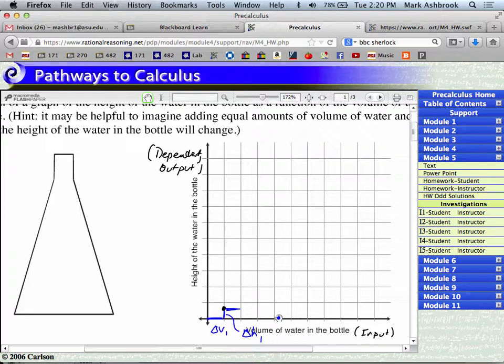So now our delta H2 is going to be a little bit more than delta H1. I'm trying to show that it's just a little bit greater than this one. This is our delta H2, and we're saying that's greater than delta H1 because of the sides getting narrower. That gives us another point on the graph.